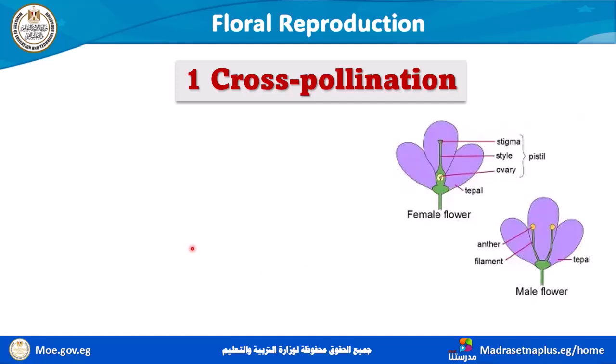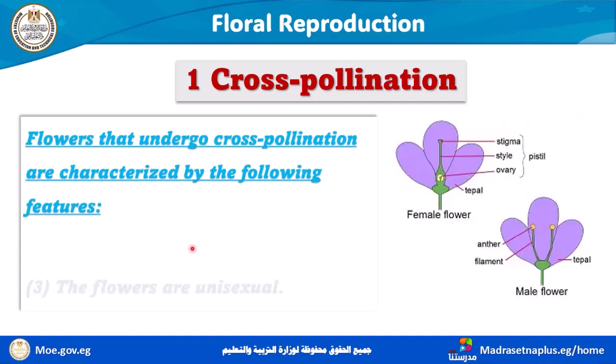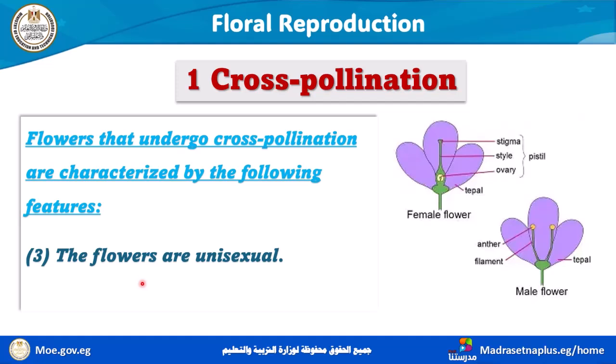The third feature in cross-pollinated flowers is that the flowers are unisexual. It means that the flowers are only female flowers or male flowers. In female flowers, there is only the pistil, and in male flowers, there are only the stamens. So, in this case, the flowers undergo cross-pollination.